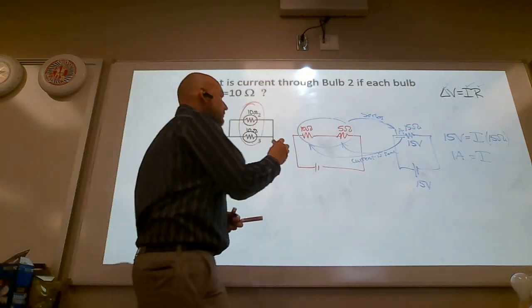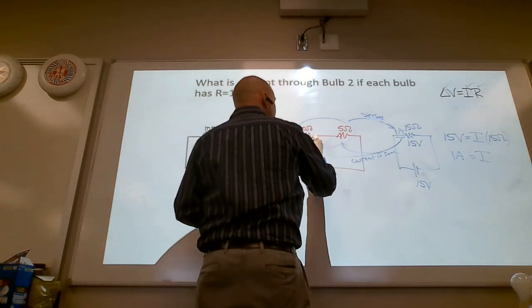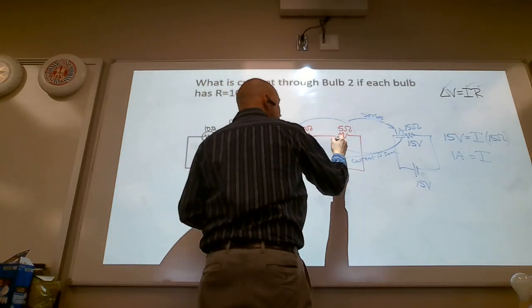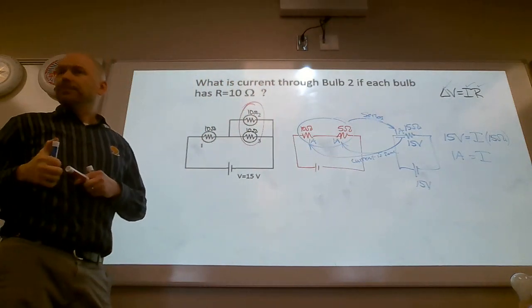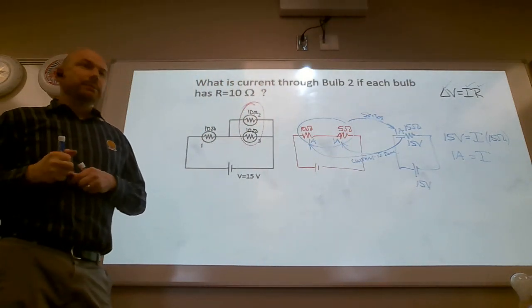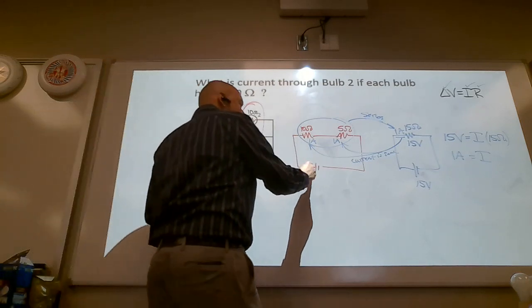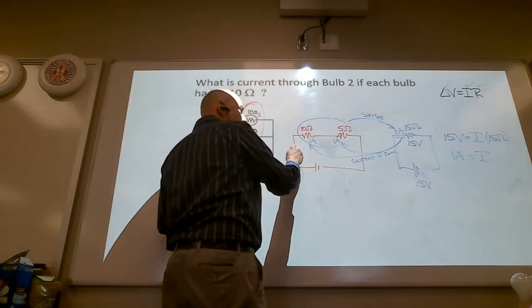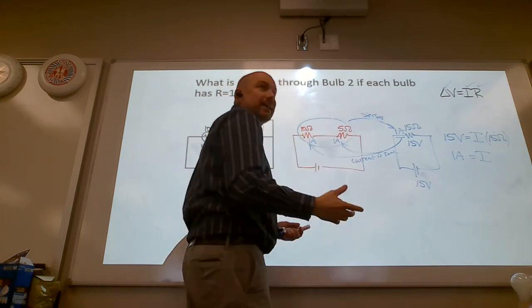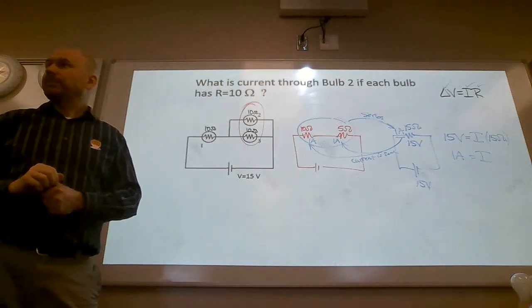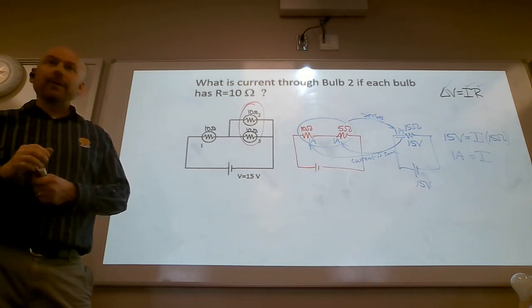Okay, so I now know that there's 1 amp going through this guy and 1 amp going through this guy. Just take a peek at this. If I have 1 amp going through the battery, these are in series, so it has to be 1 amp through here and 1 amp through there. It has to be. All right with that?